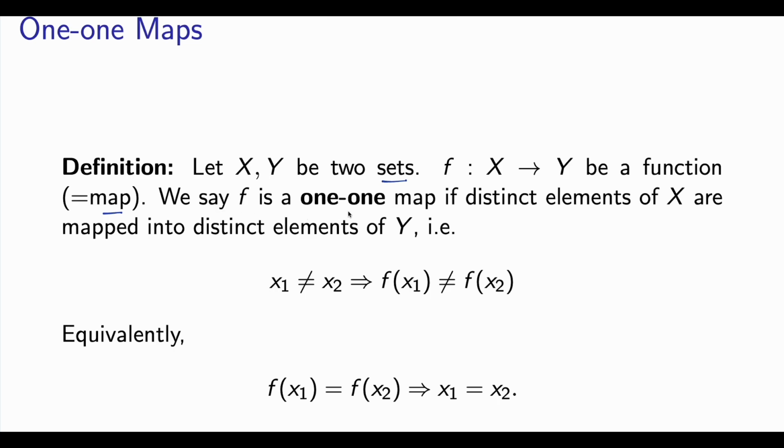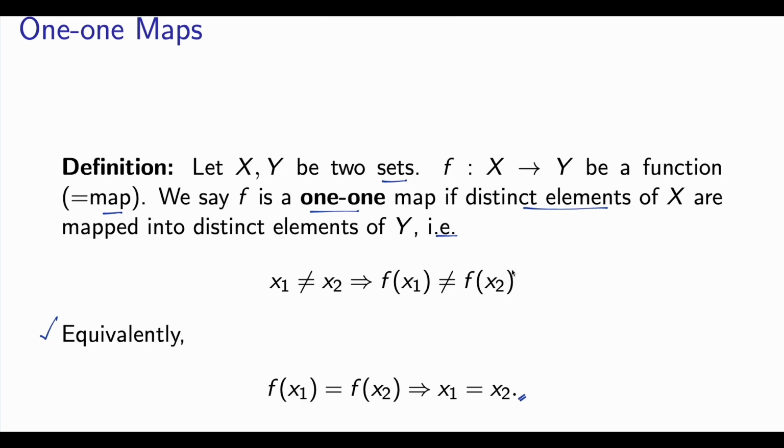We say F is 1-1 if distinct elements of X are mapped into distinct elements of Y. That means x1 not equal to x2 implies f of x1 not equal to f of x2, right? Or equivalently, if f of x1 is equal to f of x2, then x1 equals x2.